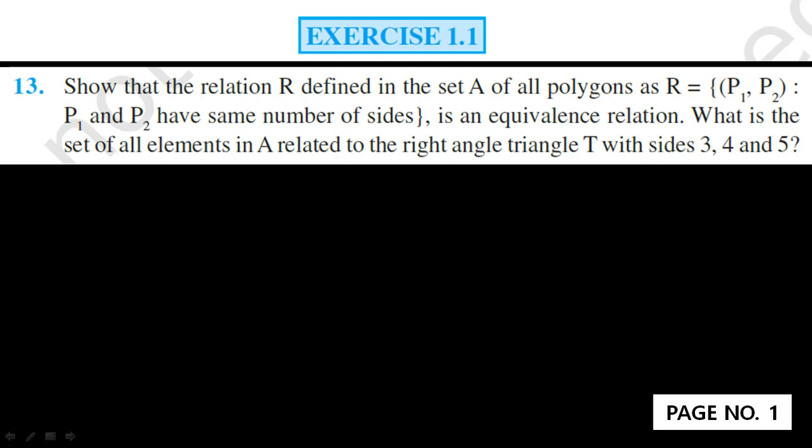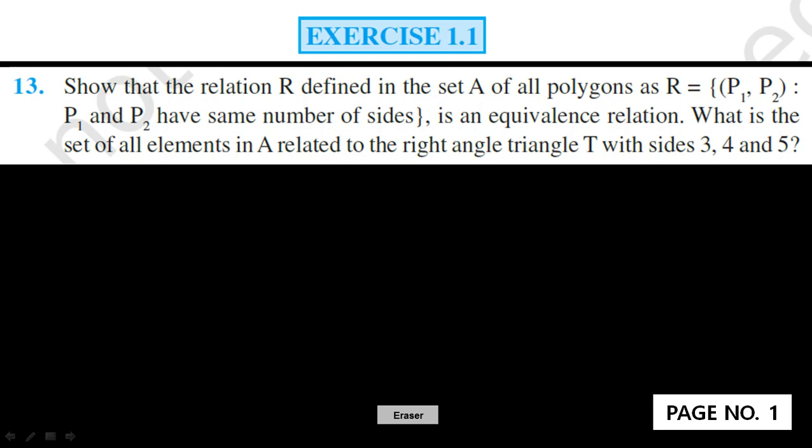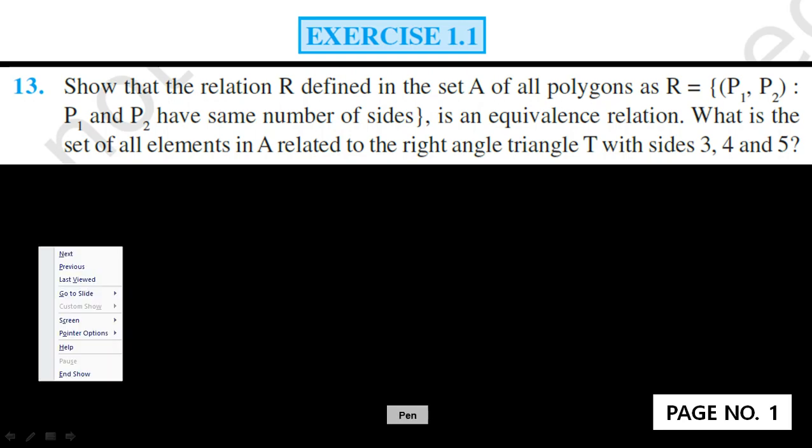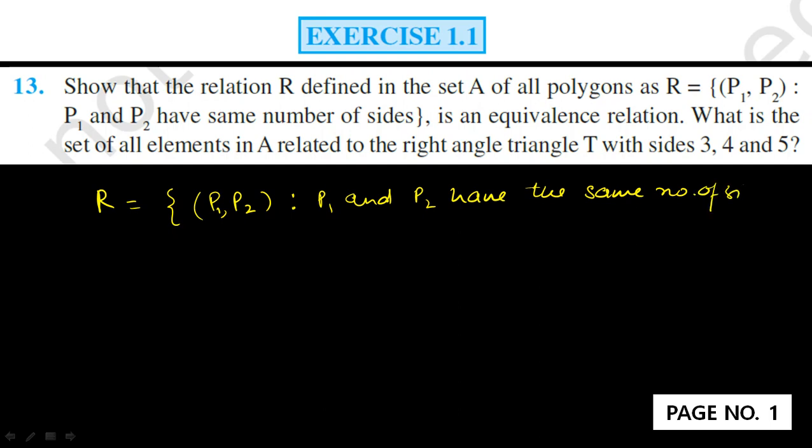Show that the relation R defined in a set A of all polygons as R = {(P1, P2) such that P1 and P2 have the same number of sides} is an equivalence relation. This one is the statement.